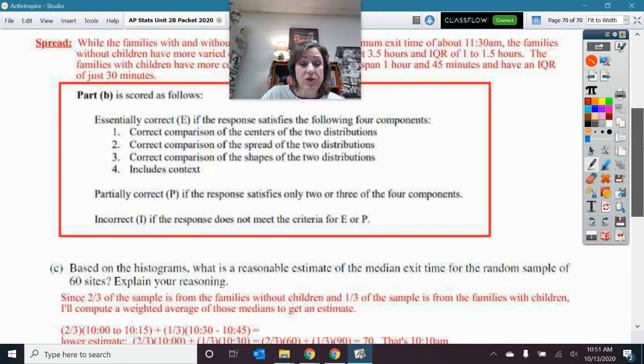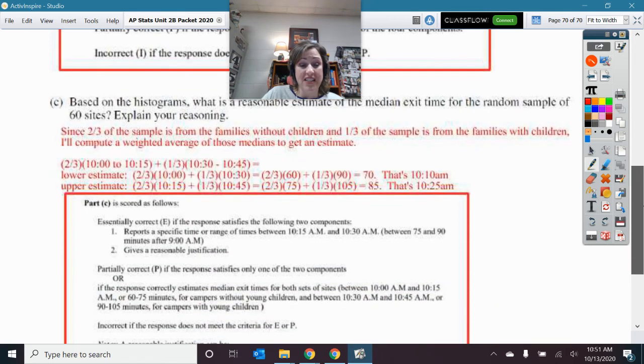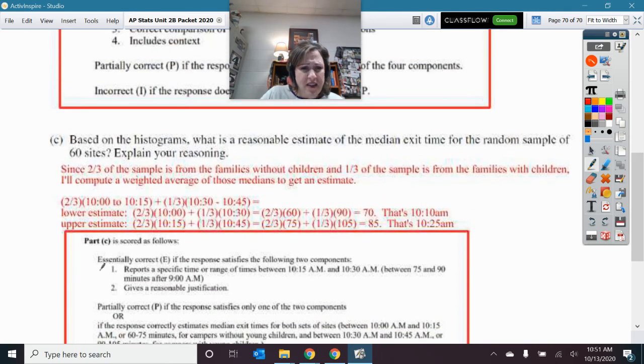If you did something based off of that, you got credit. If you gave a specific time or range between 10:15 and 10:30, or between 75 and 90 minutes, and you explained why you did that, then you got full credit.